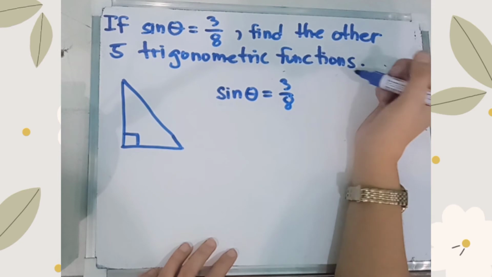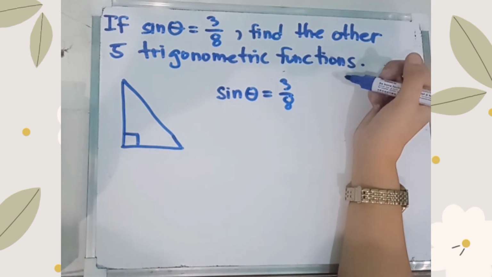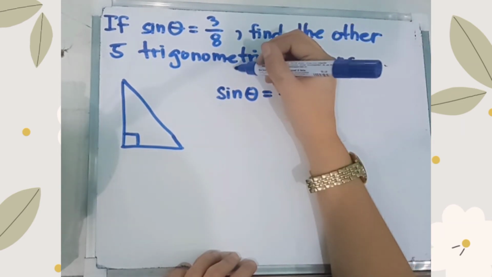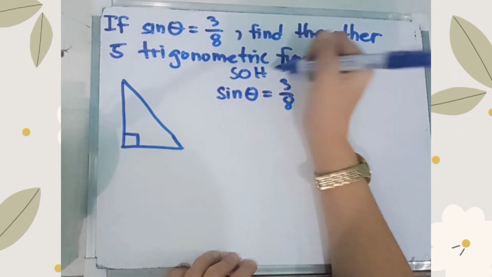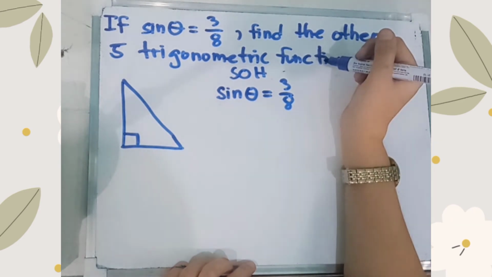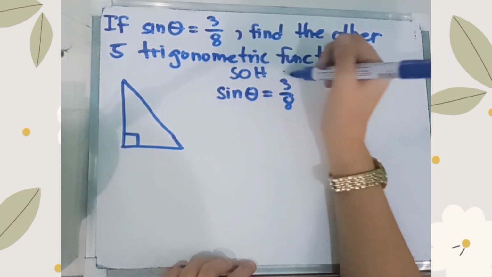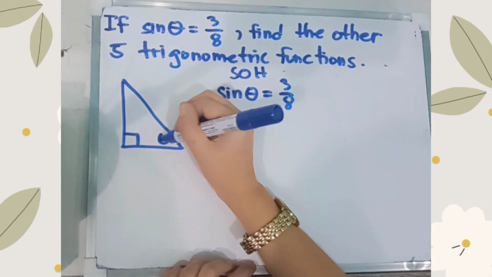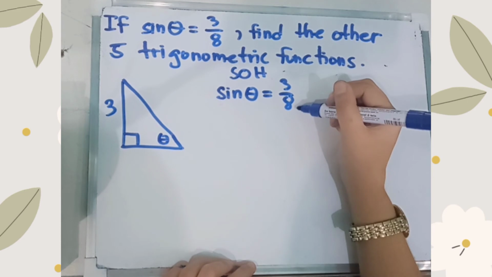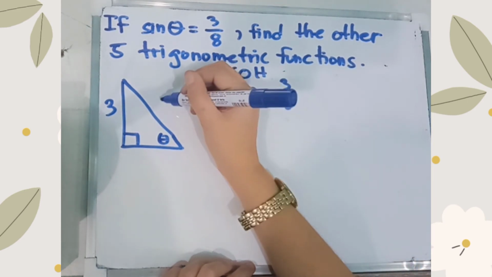Based on our mnemonics, sine is equal to opposite over hypotenuse. So the measurement of the opposite side with respect to our angle theta is 3, and the measurement of our hypotenuse is 8.